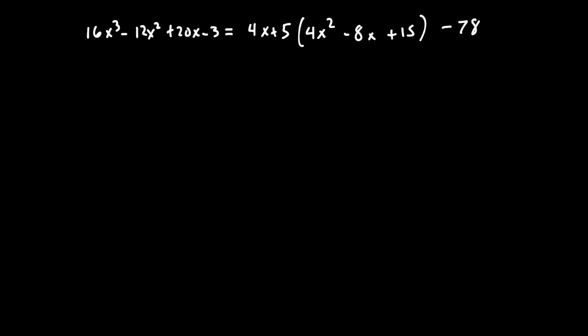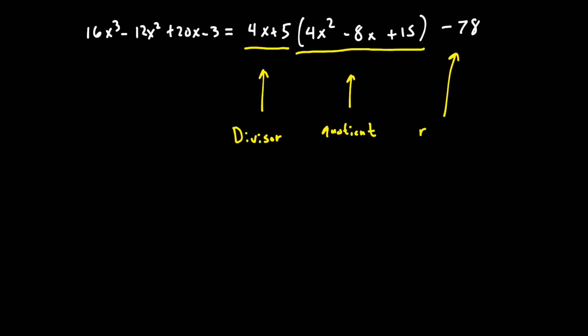So far, the term that we've divided by is called the divisor. The term we get after dividing is called the quotient. And the remainder of the division is called the remainder. It's possible for the remainder to be a polynomial, to be a real number, or even to be 0.